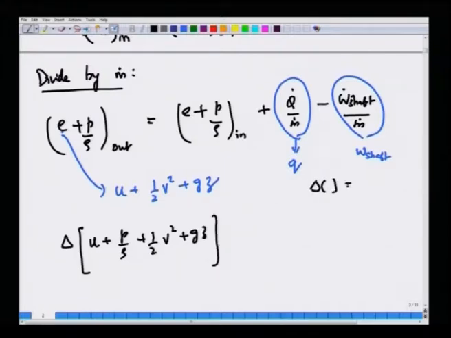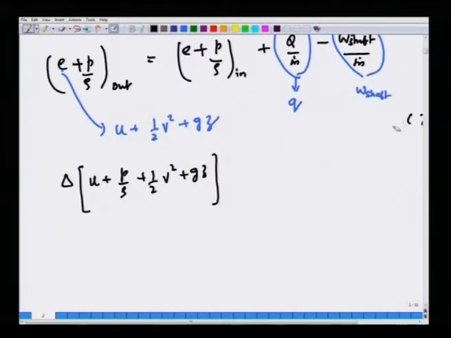Delta of any quantity is that quantity evaluated at out minus in. The delta symbol implies that you are evaluating the quantity at the outlet minus the quantity at the inlet. So, this is equal to Q minus W shaft.